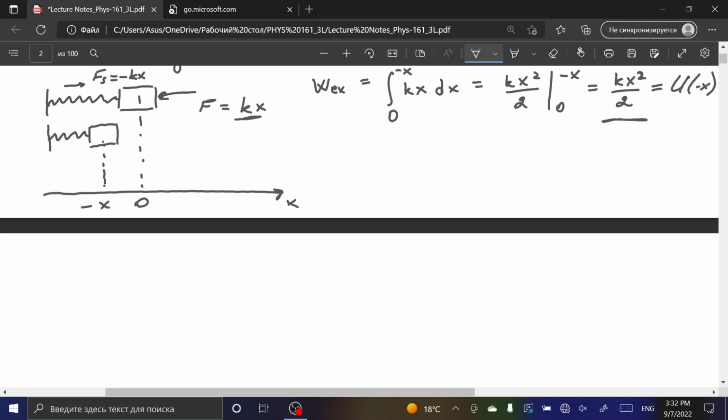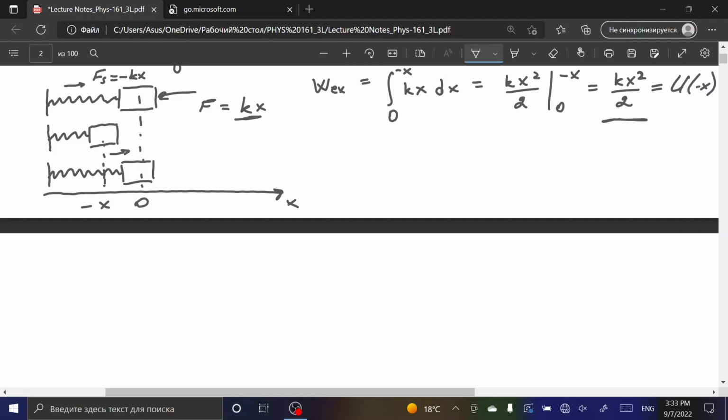And now let us see what happens when we release the system to come back to the original equilibrium condition. Obviously, because of this spring force, this block will start moving from the excited state at minus x along axis x to reach back its equilibrium condition.